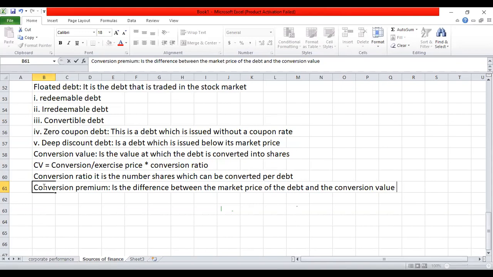Whenever the conversion premium is positive, don't convert. If the conversion premium is negative, then you can convert.